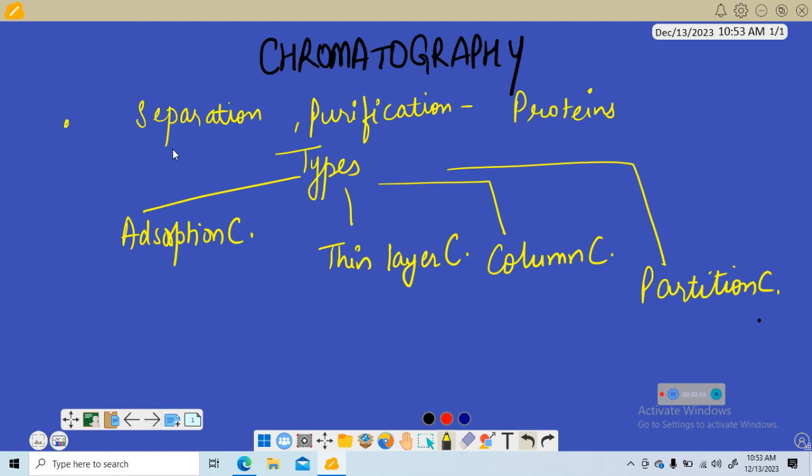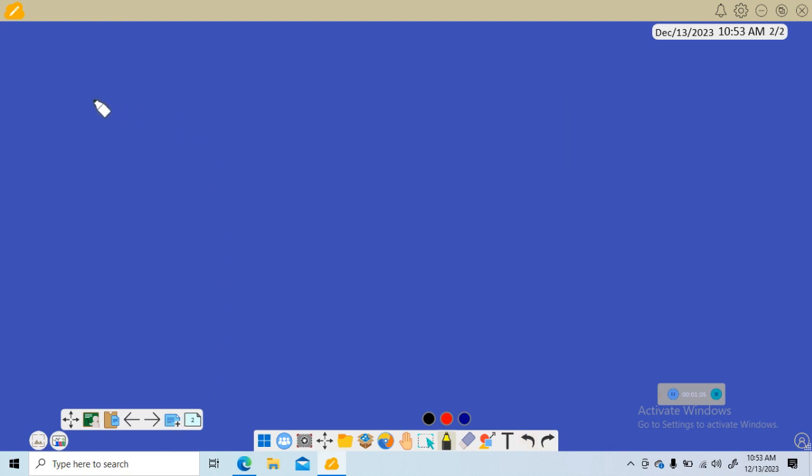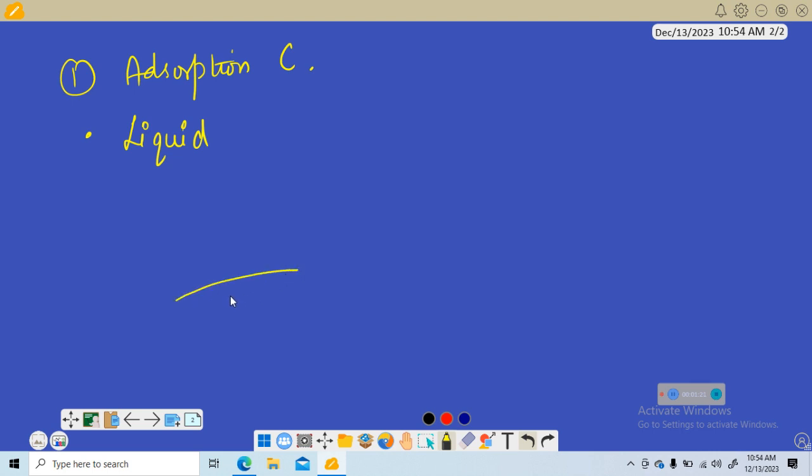So now number 1, that is adsorption chromatography. Here separation is based on adsorption. Here we have a stationary phase that is solid state, and the gas or liquid components get adsorbed here.